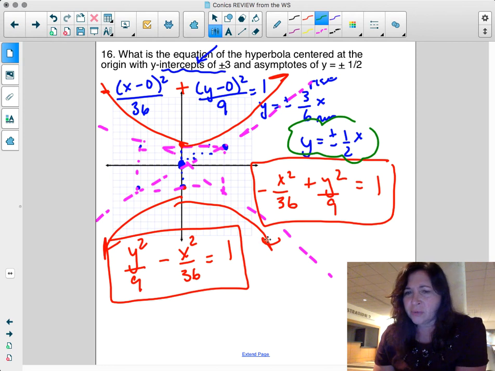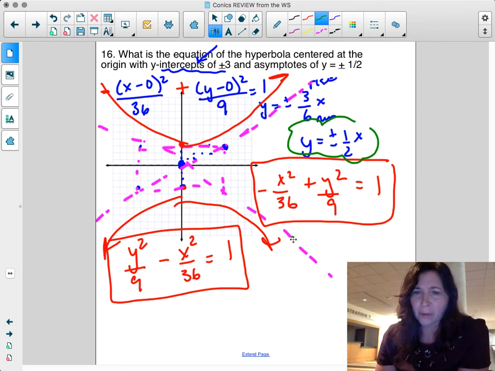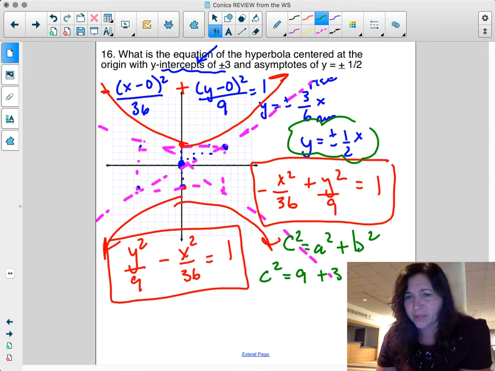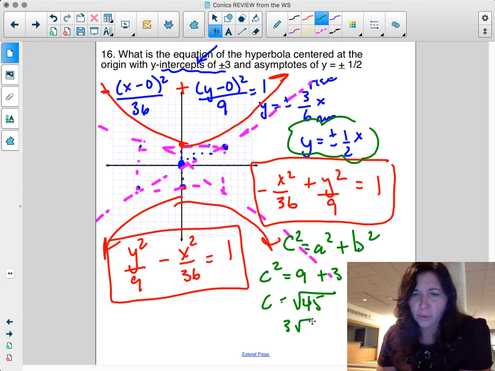You would also need to label where your focal points are, and so c squared is equal to a squared plus b squared. So we would say c squared is equal to 9 plus 36, which is 45 again. We did one like this already with 45. This makes c equal to plus or minus 3 root 5.